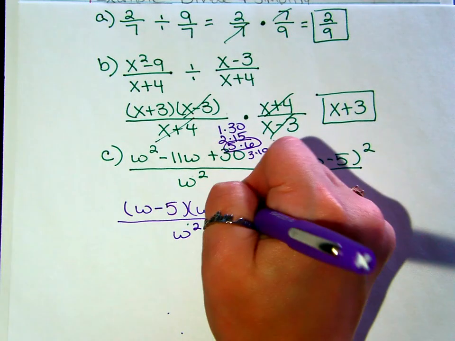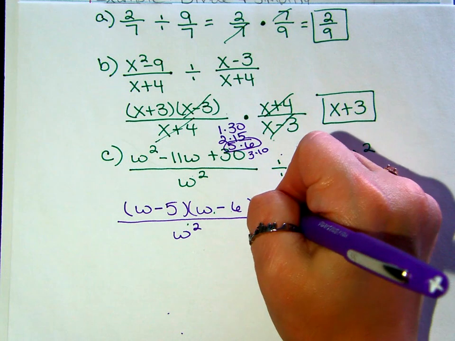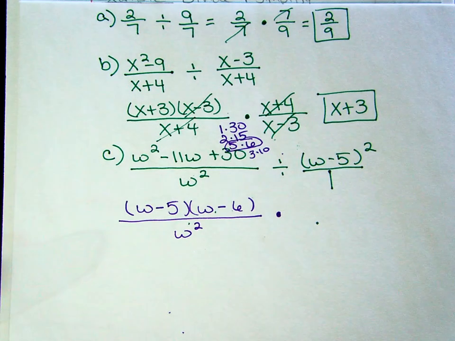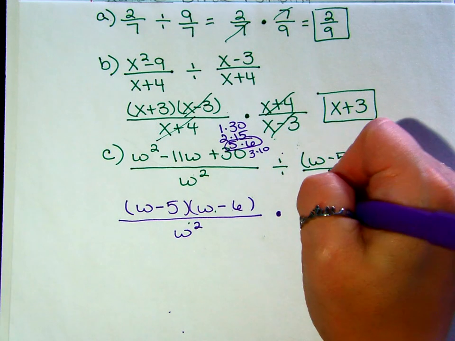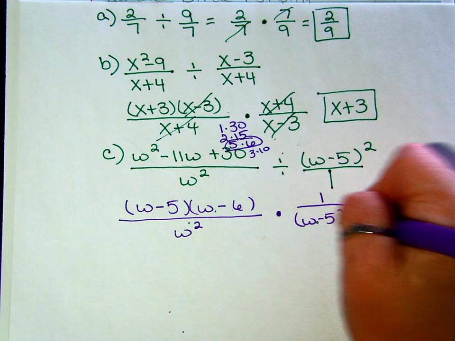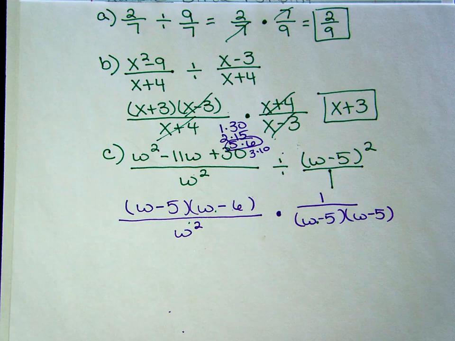So again, we didn't change the fraction at all. We just factored it. So we kept the first, changed the multiplication, and then we're going to flip the second one, which is why we'd stick it over 1. So that when we flip it, we have that 1 on top. And then I'm going to just expand the w minus 5 squared. I'm going to write it twice. That way when I go to cancel stuff, I can see what I have left over.